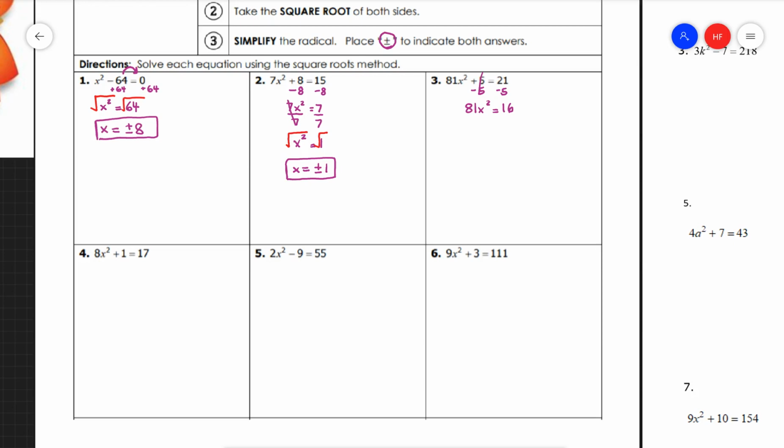I can take the square root of both sides, but let me see if I can take out a GCF first. So before you start to try to take the square root, see if there's a GCF. There is not a GCF between 81 and 16, so I'm going to take the square root of both.